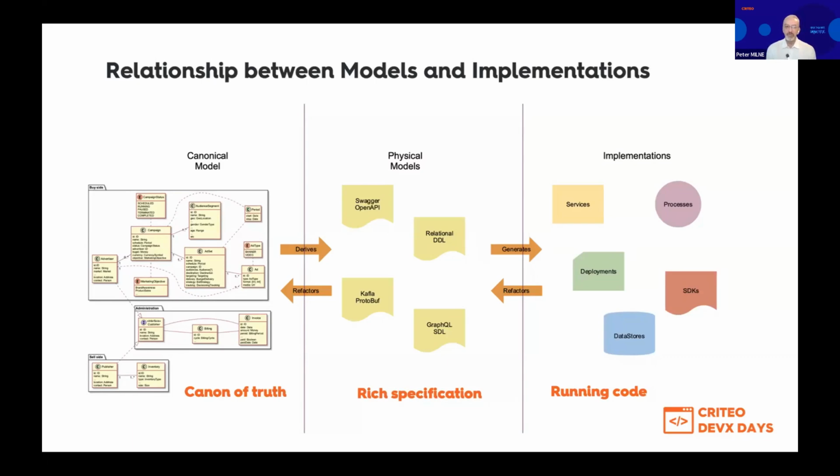These are our rich specifications. So if we wanted an API to access a line item, a REST API, then we would take the canonical model and we would build a structure in Swagger to produce the contract. And then we would take those contracts onto the right-hand side and produce running code, deployments, services, processes, SDKs, databases, whatever.